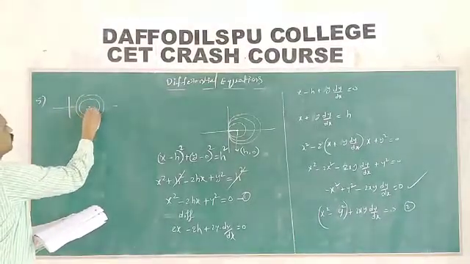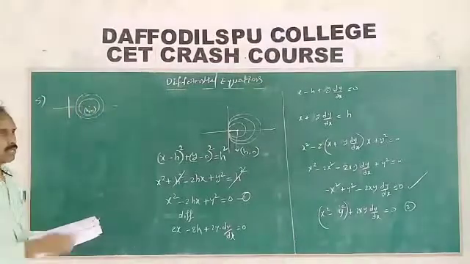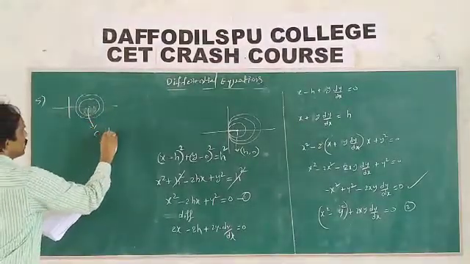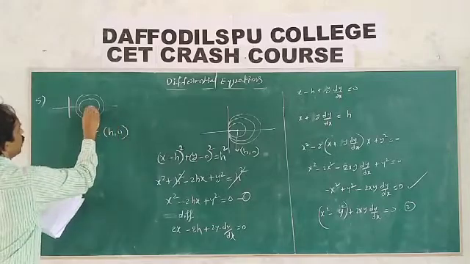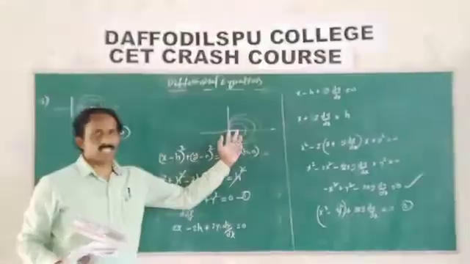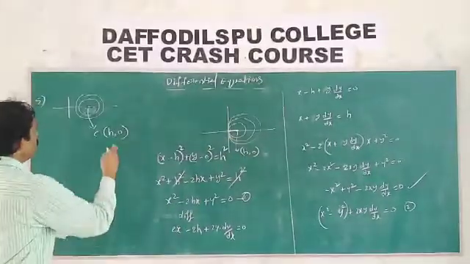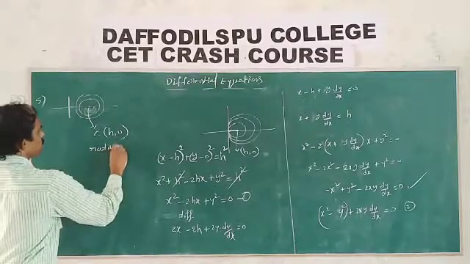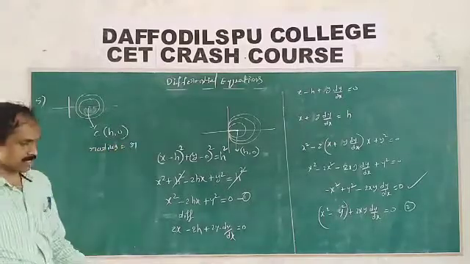So this is nothing but h, 0. Center h comma 0. Radius also different. We don't know the radius. Clearly, whatever the center is, the radius is r. Radius is equal to r.